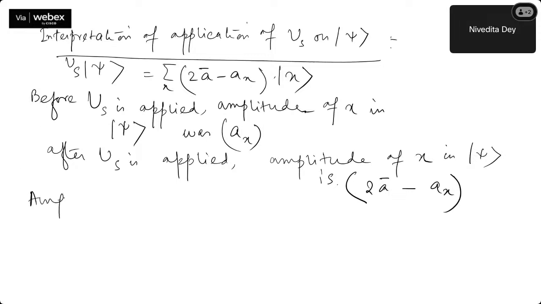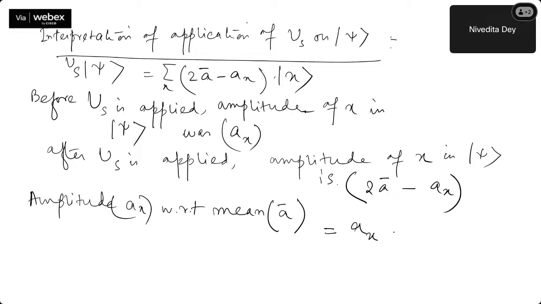So the amplitude, this thing, AX, with respect to mean, A bar, will be what? It will be AX minus A bar. Right? So it will be AX minus A bar.